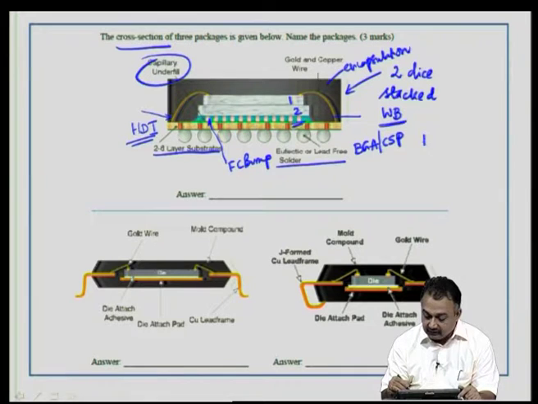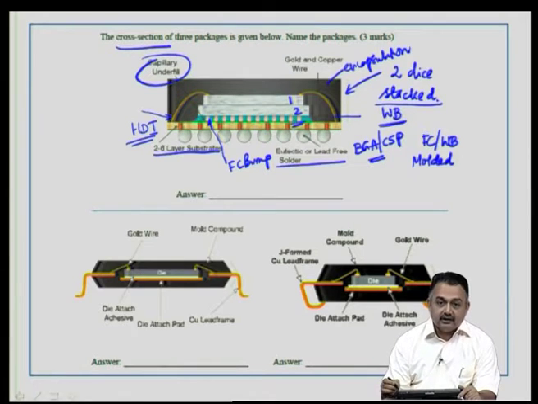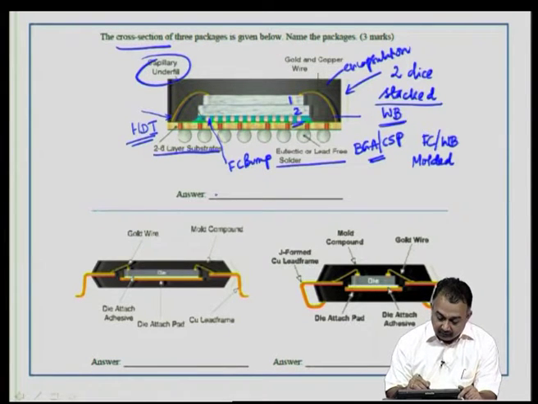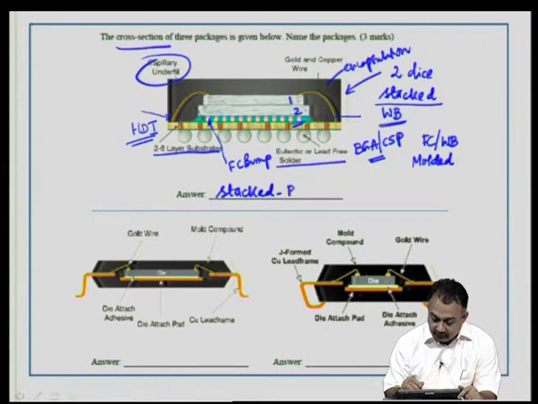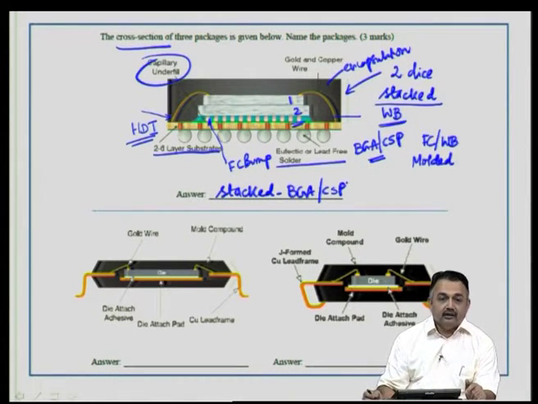Basically, a flip chip is already there, and there is also a wire bond interconnect. Then this is encapsulated, so you can call it a molded package. Then there is a BGA or a CSP interconnection, but the most important thing is you should call it a stacked package. So, this could be a stacked BGA or CSP. So, the word stacked becomes very important for this particular package.